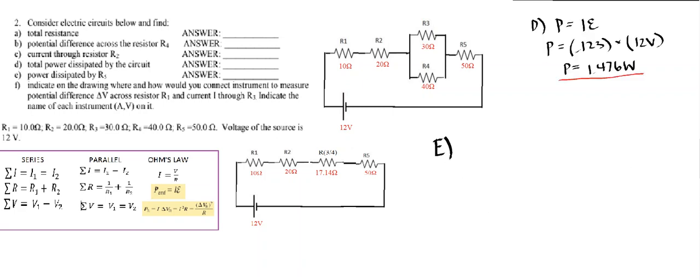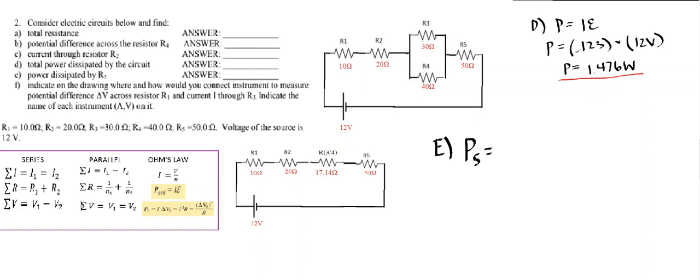So part E asks for power at a specific resistor 5. Now remember, with the specific resistor, we have to take into account the specific voltage and current at that resistor. So for resistor 5, we know the current because it's in a series, and we also know the value of the resistor.